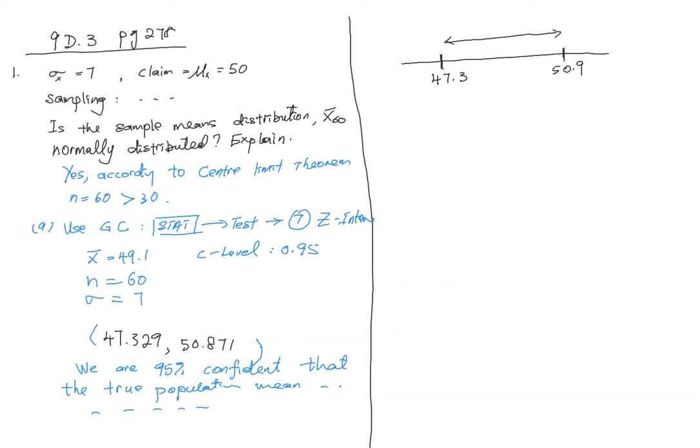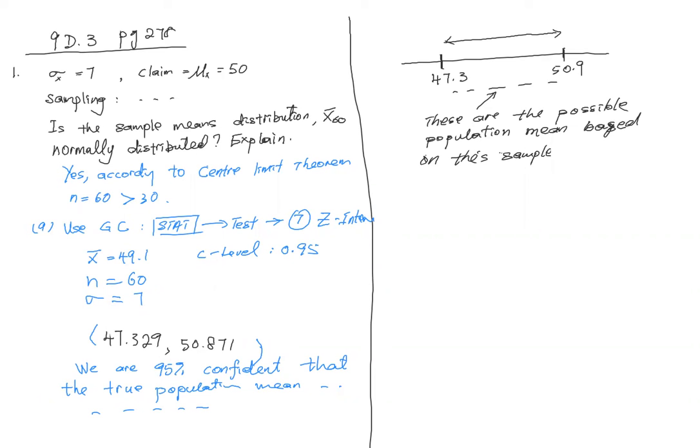That means my population mean can be any value in between.